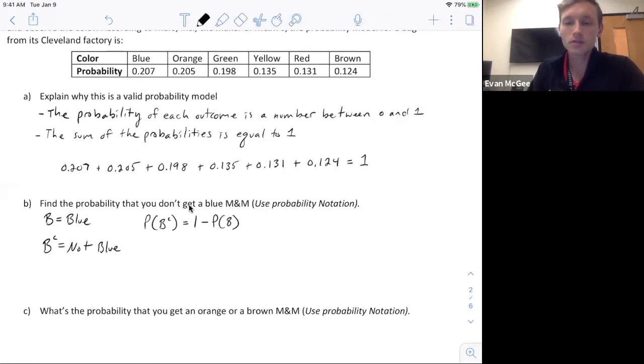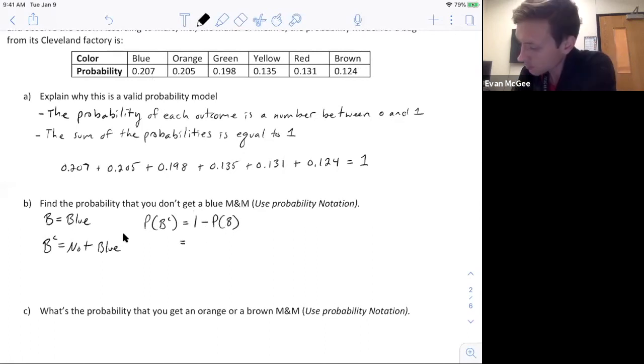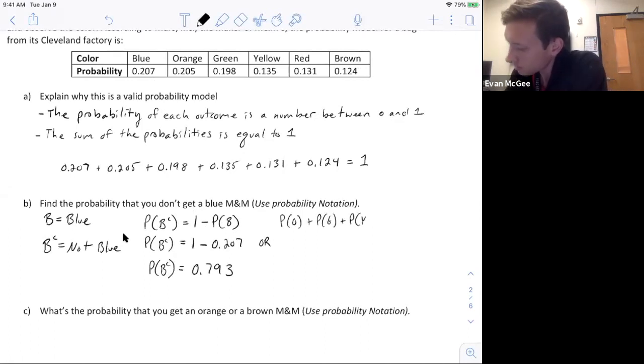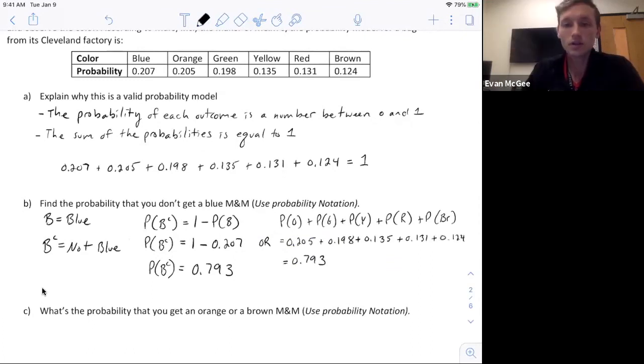So here's our equation for the complement rule. The probability of not blue is 1 minus the probability of getting a blue. So the probability of getting a blue is 0.207. If we subtract that from 1, that will give us the probability of drawing one of these other colors. So there you go. 1 minus the probability of blue means that there is a 0.793 probability of drawing a not blue.